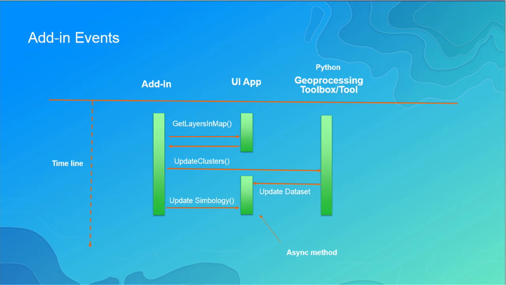And that geoprocessing toolbox is going to update the app. Automatically, after you update the app, the data, the system is going to update the symbology of that data, and that you use in .NET. .NET is going to be for getting information in the app, in the TOC. Remember, the TOC is the information of all the layers that you have, and we are going to use that information to update the symbology.